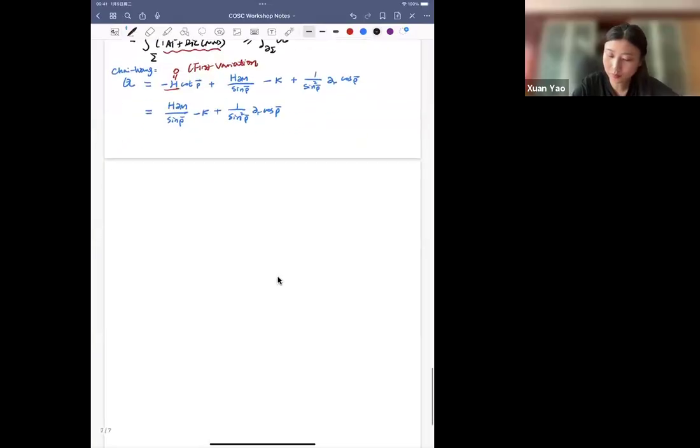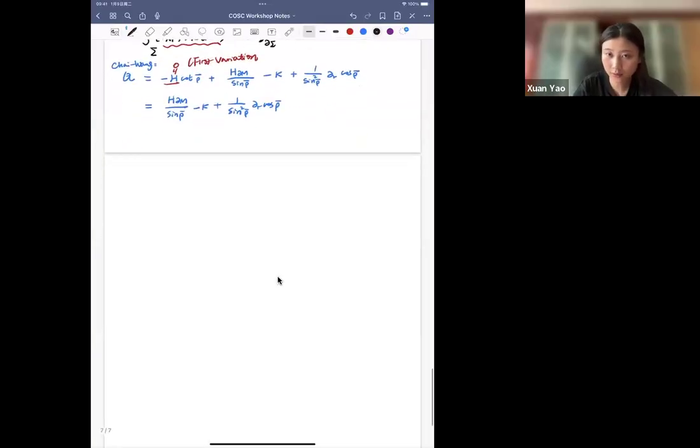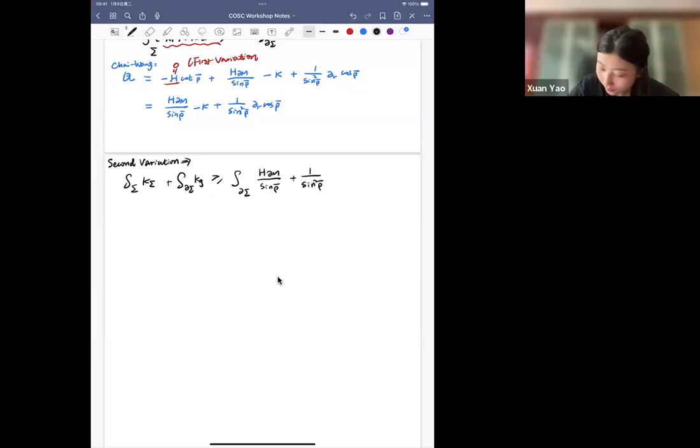So basically by arranging terms and using Chai-Wang's lemma, you can prove by the second variation that the integral over sigma of the Gauss curvature plus the boundary's geodesic curvature is greater or equal to the integral over the boundary of sigma of sine rho bar plus 1 over sine square rho bar d nu cosine rho bar.